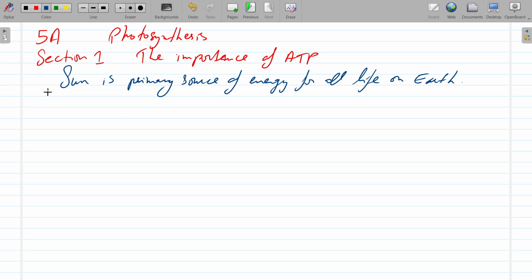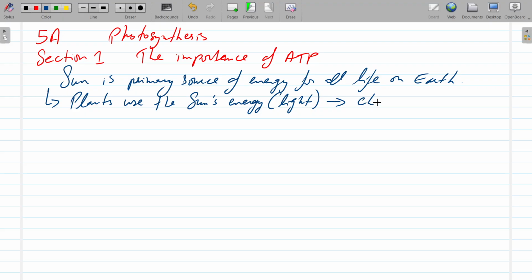And from there, the plants use the sun's energy, and more specifically it's light, because the sun is also providing us with heat, and convert that to chemical energy in organic molecules.